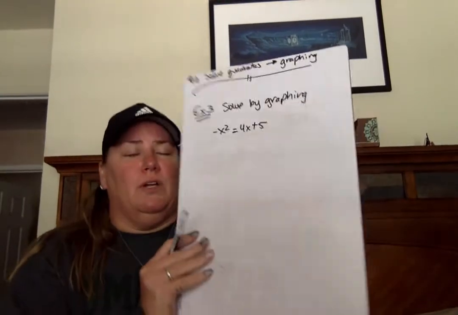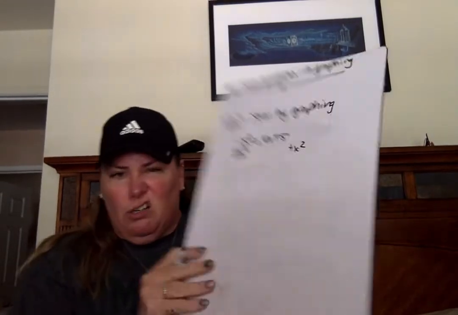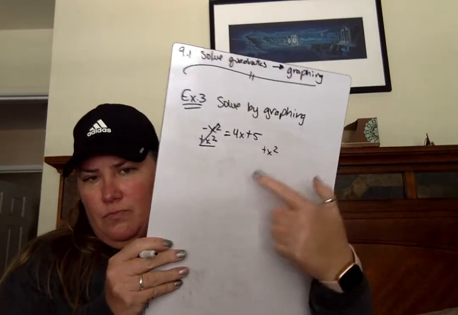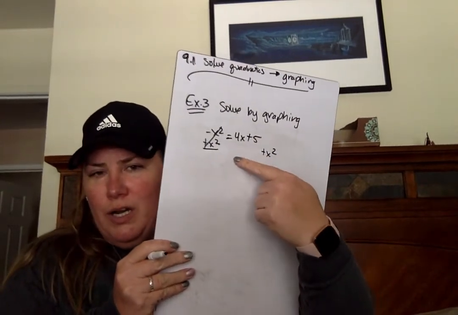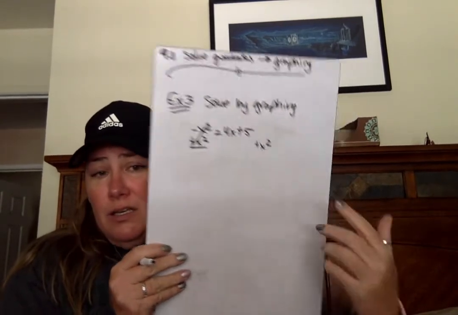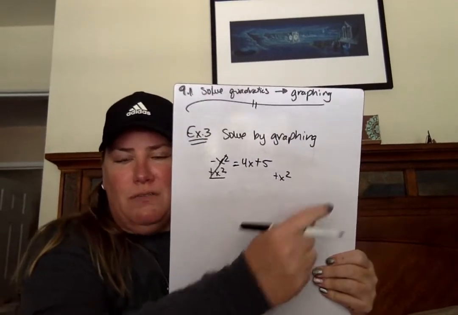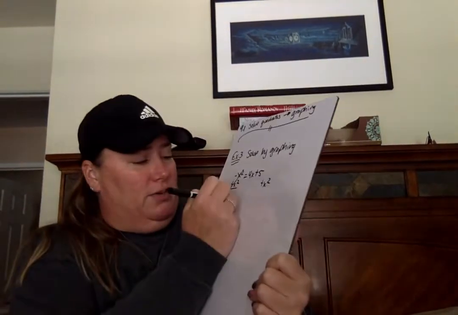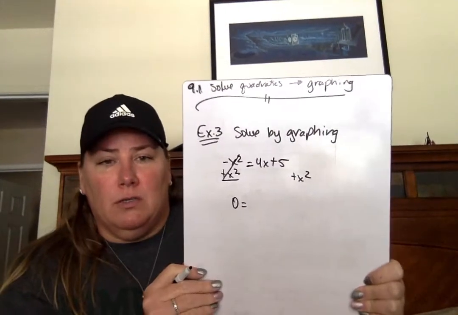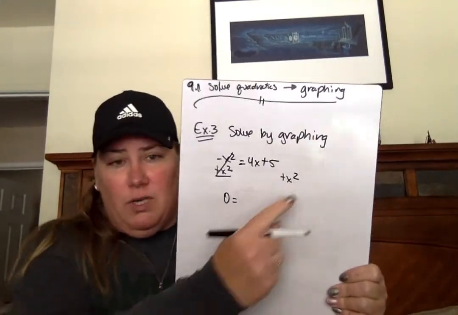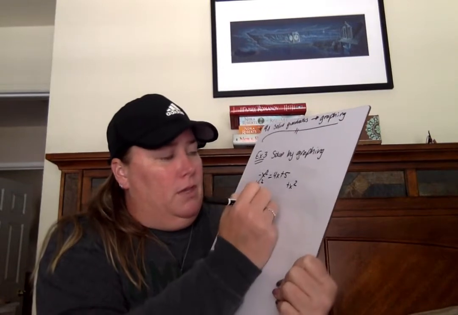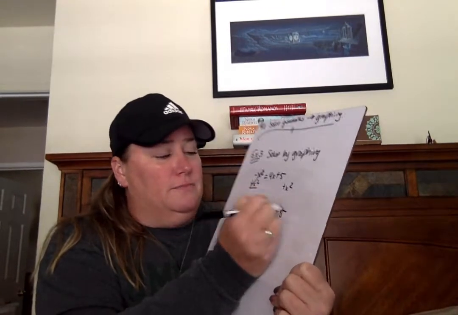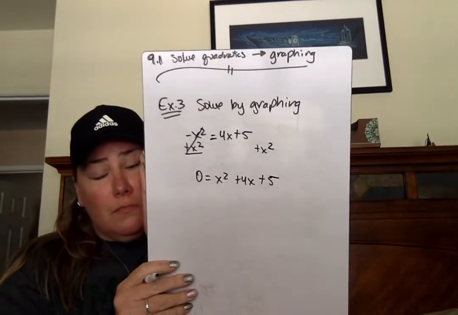So I'm going to add x squared to both sides, and I'm going to put it off to the side, because you can't combine these. They're not like terms. Now I have 0 equals, and I'm going to put it in standard form: x squared plus 4x plus 5. And we're ready to go.